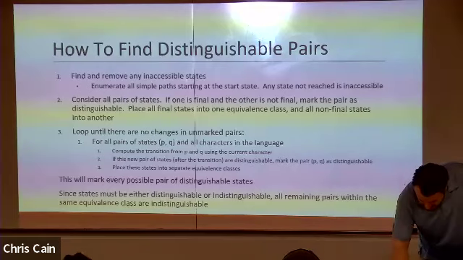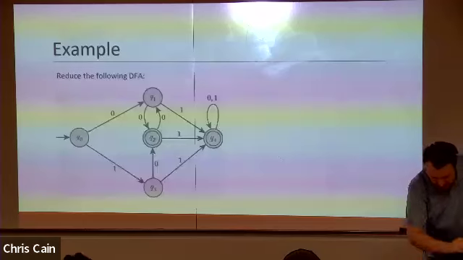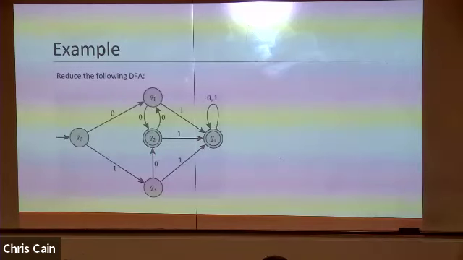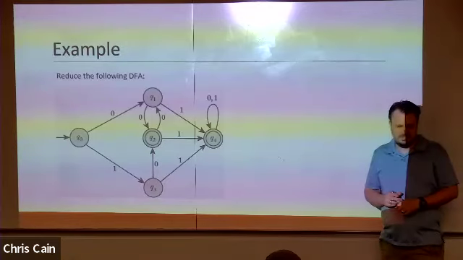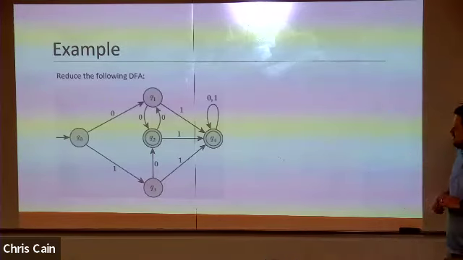So let's actually go through an example because examples are good. So we want to reduce this DFA and see if the minimal DFA is smaller than this. Maybe this is a DFA that somebody creates to solve a problem. First of all, just take an intuitive look at it.